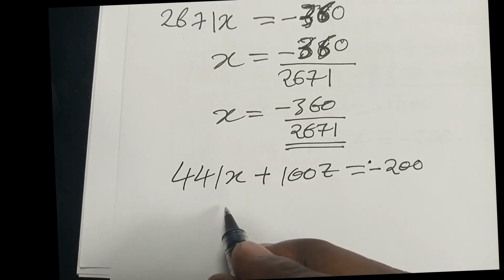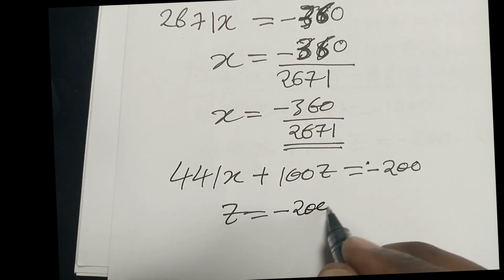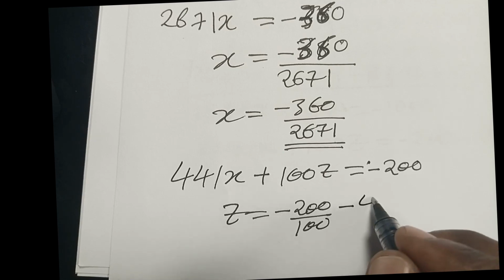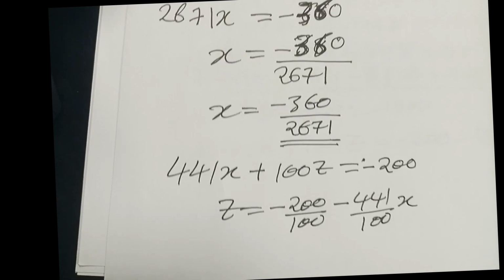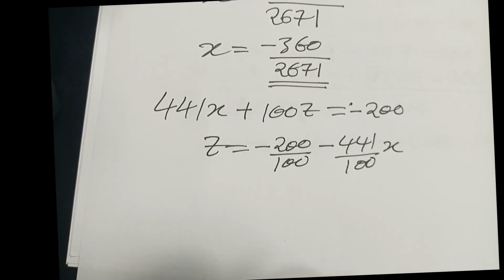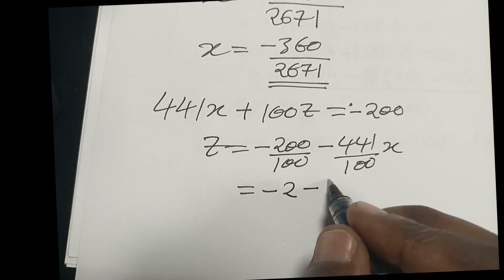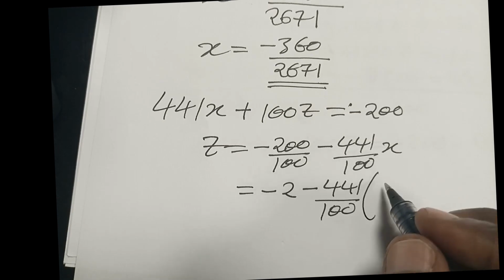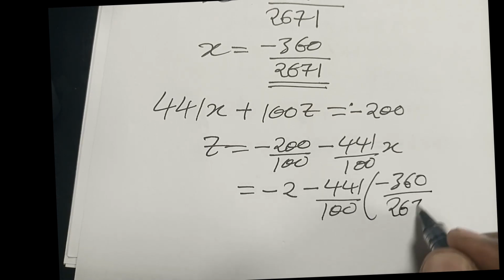So we're looking for z. Z will be given by minus 200 over 100 minus 441 over 100 times x. The rest is just a matter of simplifying and substituting. So minus 2 minus 441 over 10 times 360 over 2671.